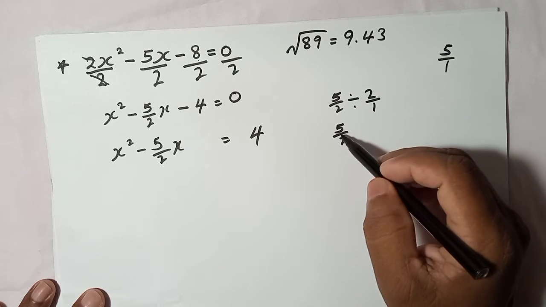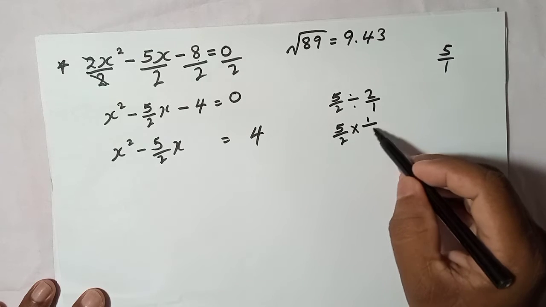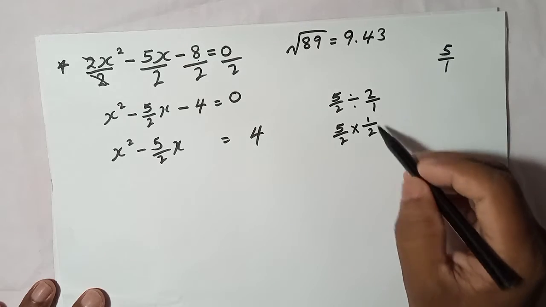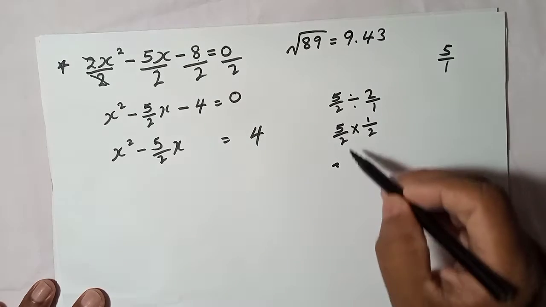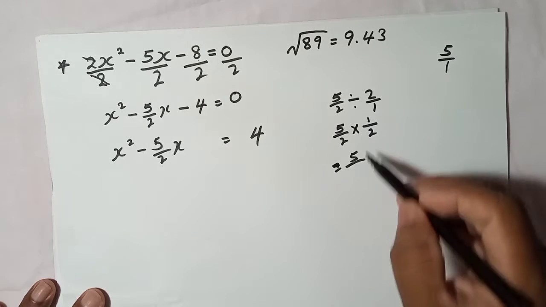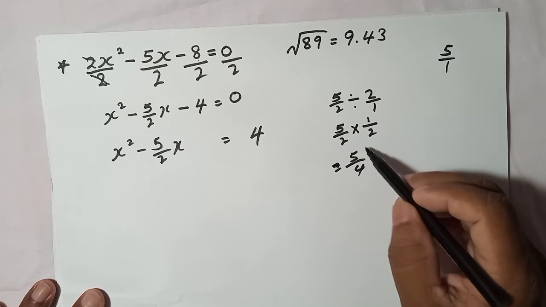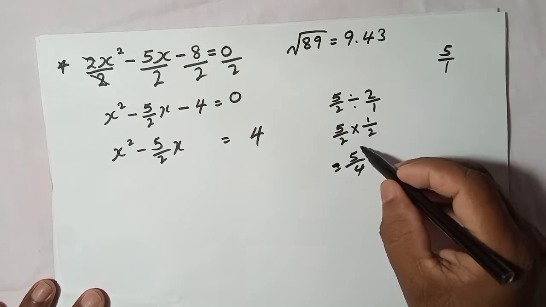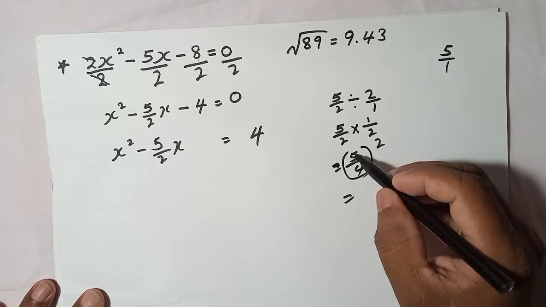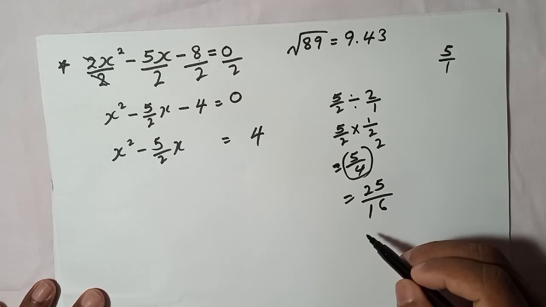We keep the first fraction the same, change the division to multiplication, and change the second one upside down, that means take the reciprocal: the numerator goes down and the denominator goes up. Now the multiplication is very simple: 5 into 1 is 5, 2 into 2 is 4. Now get the square of this: 5 square is 25, 4 square is 16.